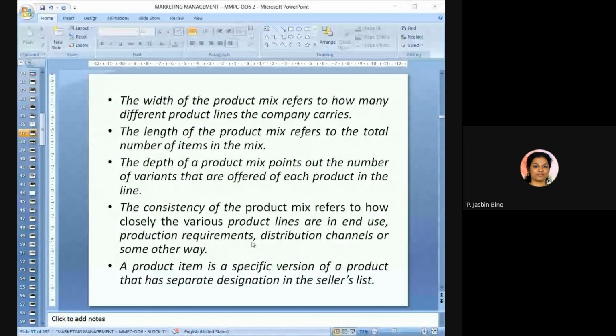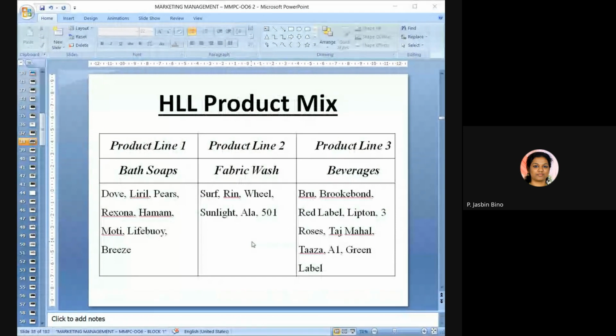A product item is a specific version of a product that has a separate designation in the seller's list. This is an example of a Hindustan Unilever product mix, with product line 1, product line 2, and product line 3. In the first product line, HLL's bath soaps, they offer different products like Dove, Liril, Pears, Rexona, Hamam.